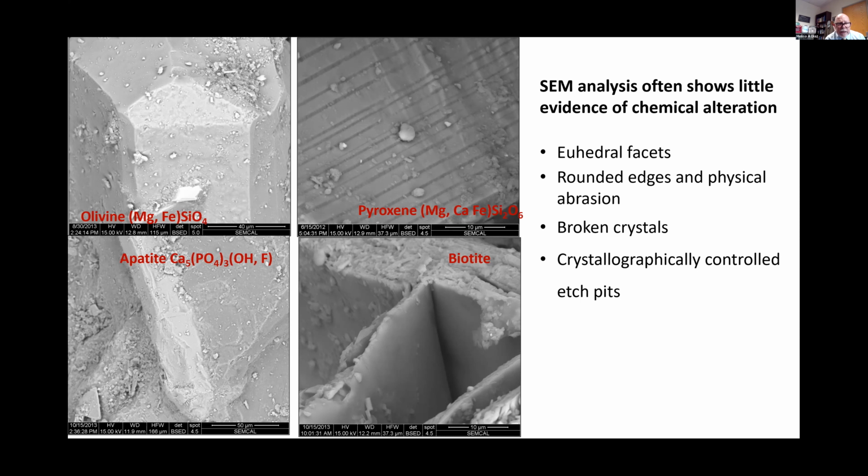You can see abrasion, kind of rounding and breaking off, in the apatite. And you can see really broken up crystals in the biotite and some etch pits, a little bit of etching on the pyroxene. So most of the sediments in these streams don't show evidence of great amounts of chemical weathering. And I'll come back to that in a moment.